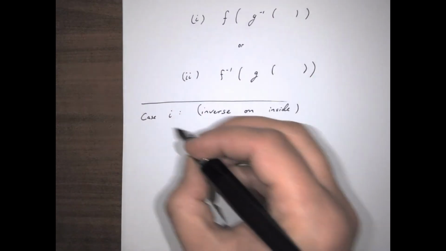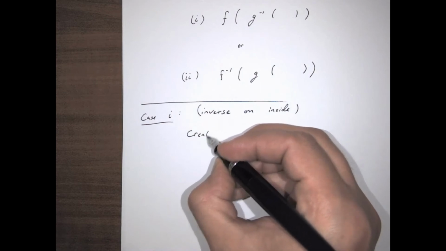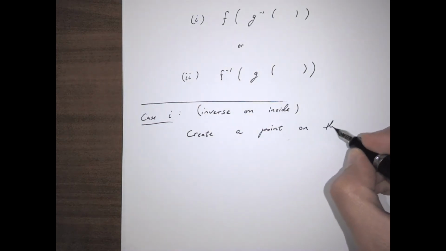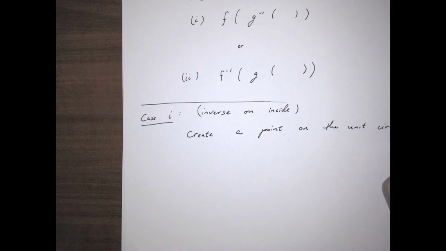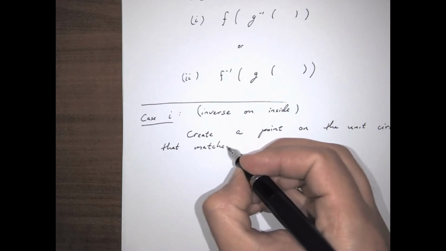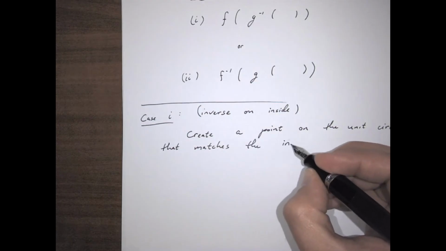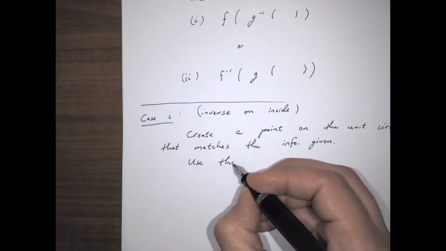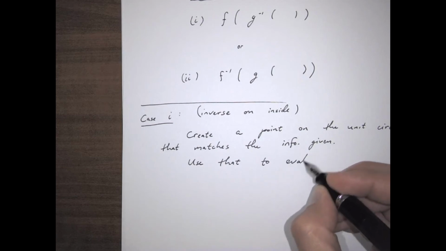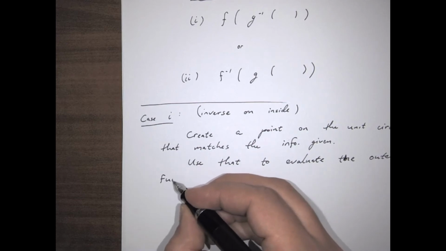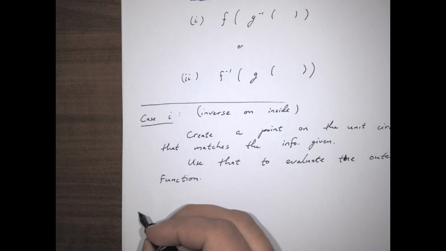What we can just do then is create a point on the unit circle that matches the information given, and then use that to evaluate the outer function. That's what we'll do in case 1.